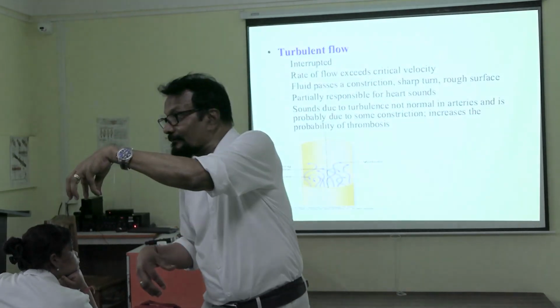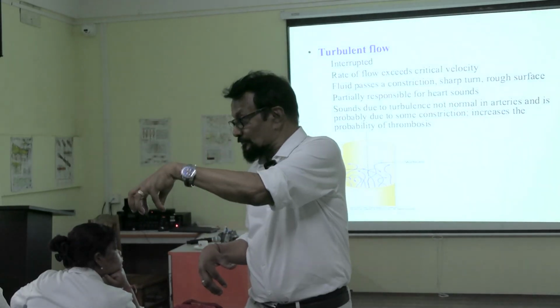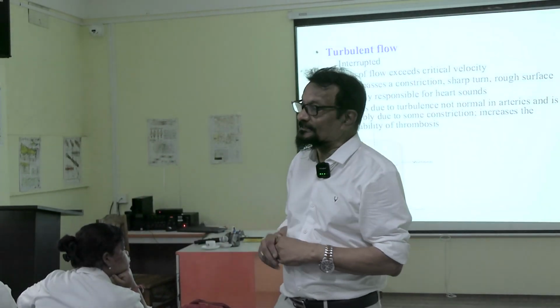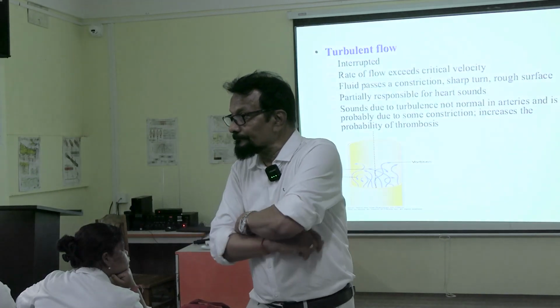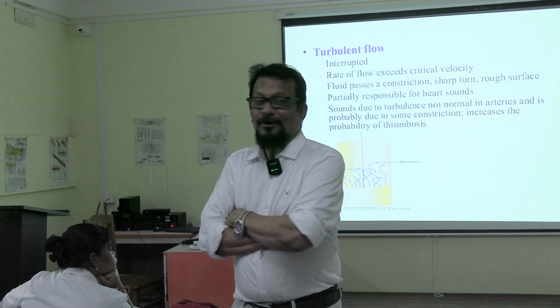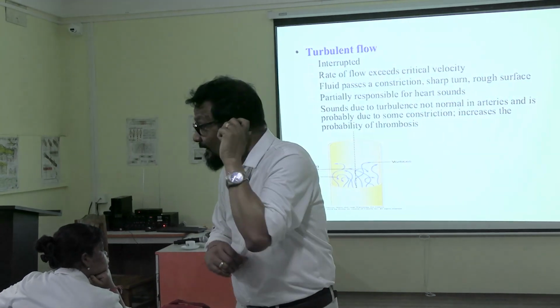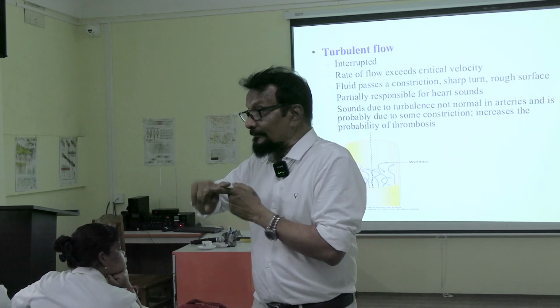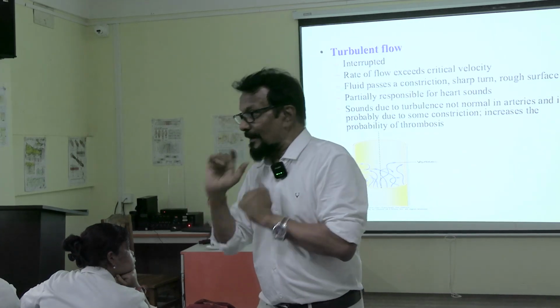Now if you place a stethoscope there, you will hear this sound. This sound is called murmur, or bruit. Whenever you hear this sound, murmur, that means turbulence is going on. The murmur is because of turbulence.